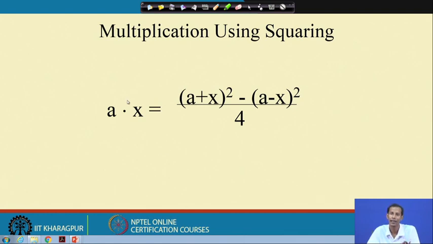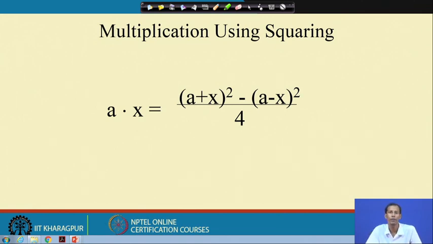Whenever they are more, this architecture is not that beneficial, and the hardware design is not at all advantageous at that time. So, this is another method of doing multiplication using the squaring method, which you can use in your system.